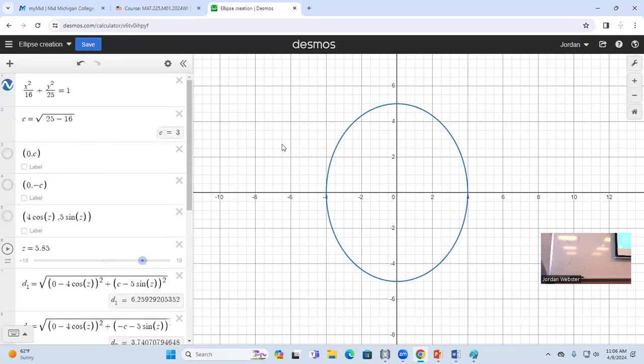I have centered it at the origin just to make everyone's life easier. And you can see that underneath the y squared is the number 25. So that means the b is 5, right? 5 squared is 25.